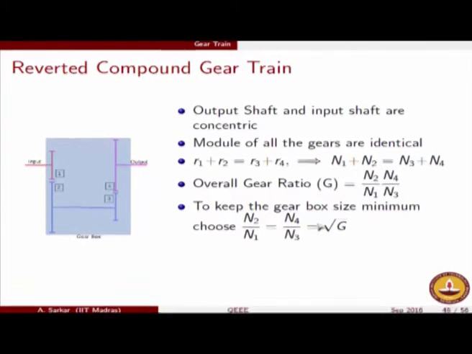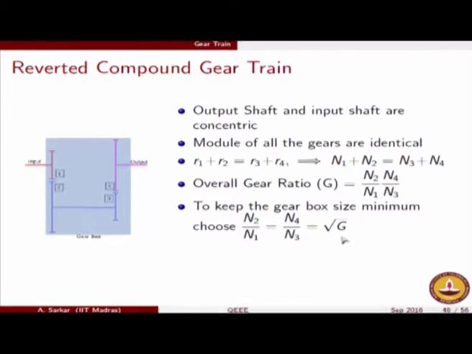From that aspect, what we see is that N2 by N1 and N4 by N3 have to be the same, and therefore each of these gear ratios will be exactly the same, and the product of them has to be G. Therefore each of them has to be the square root of G.